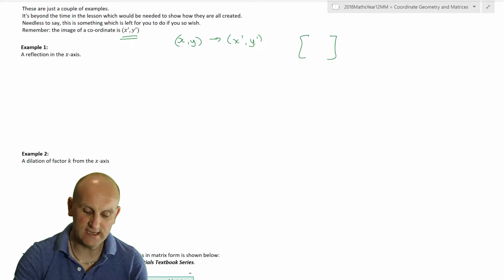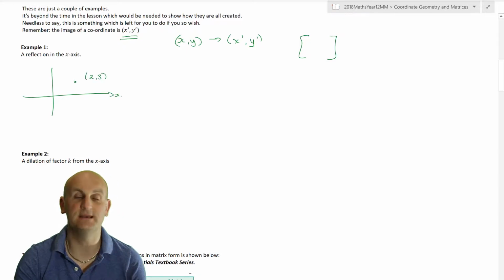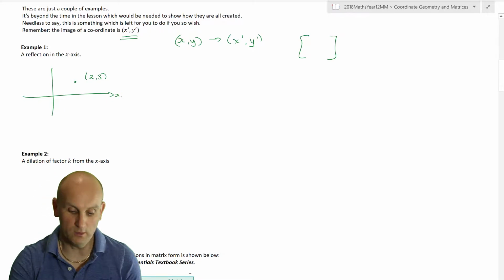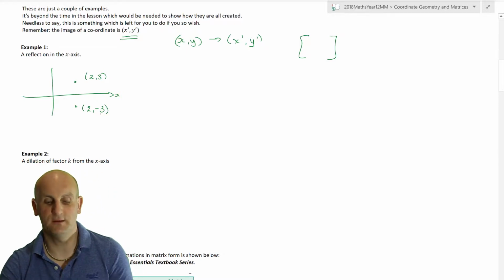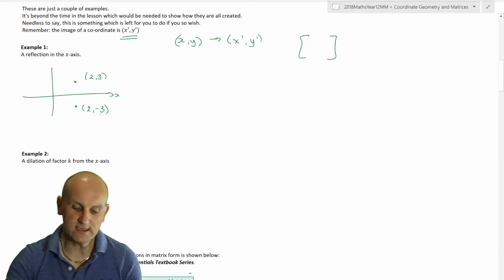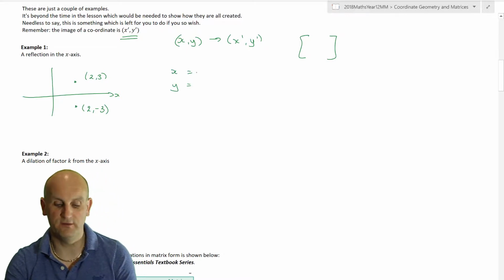Right, so a reflection in the x-axis. If I draw a quick diagram here, and here is a coordinate, let's call it 2, 3, and I reflect it in my x-axis, what's it going to become? Well, there's my x-axis, reflected in that, my x value stays the same, but my y value becomes negative. So now let's look at what happens to my x value and my y value.